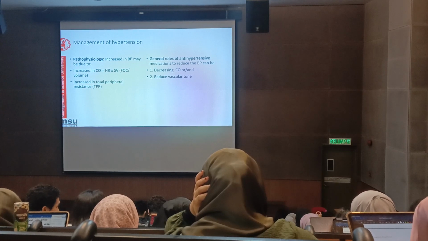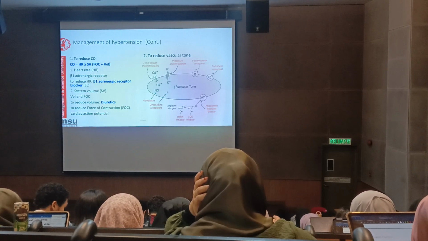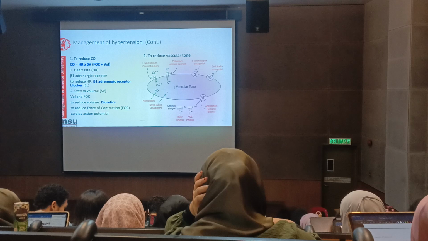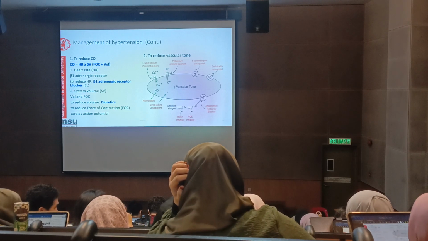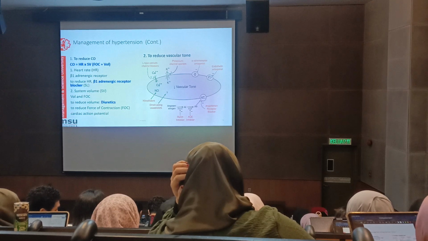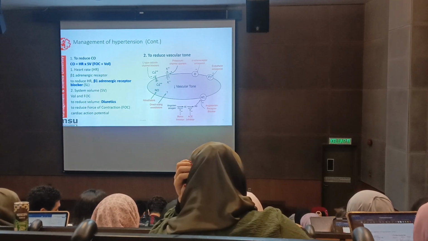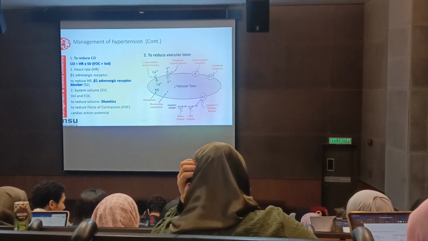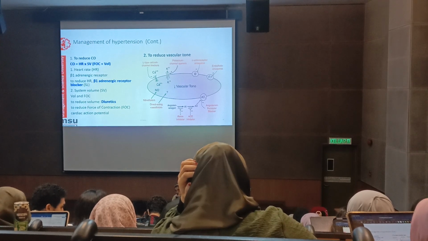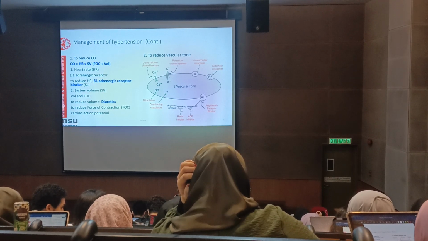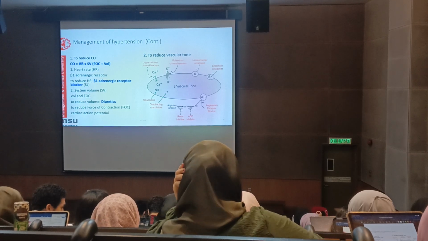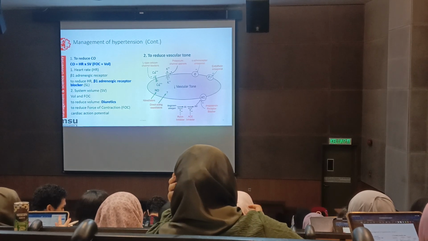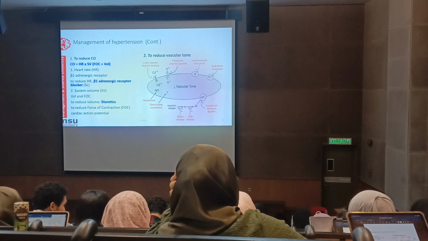Now, if I want to decrease the heart rate, we know we have the beta 1 receptor in the heart. If I block this beta 1 receptor, I can reduce the heart rate, and that can reduce the blood in circulation, which can involve reducing hypertension.